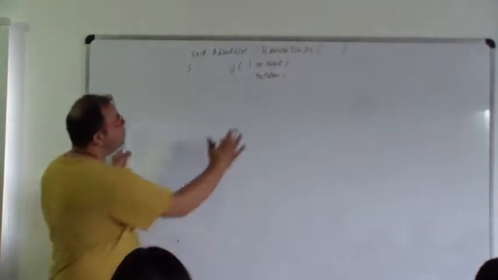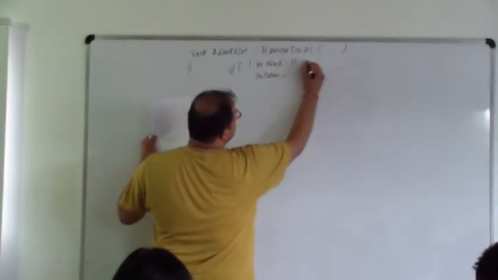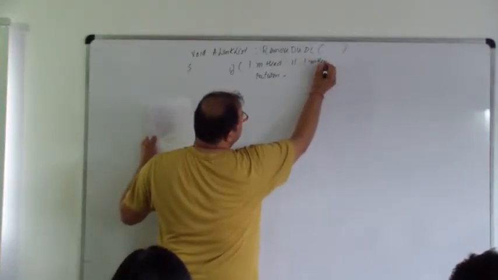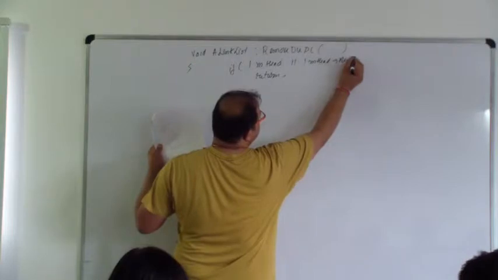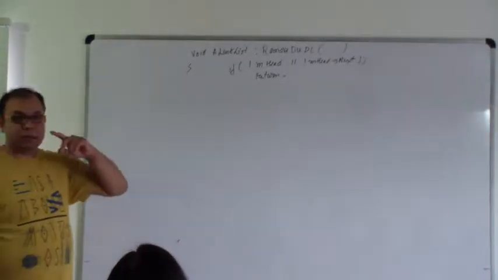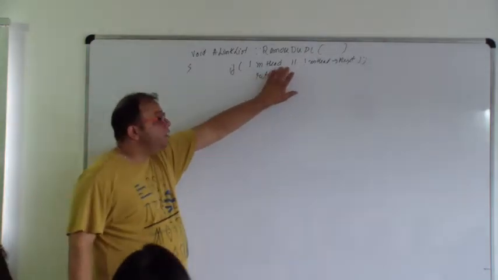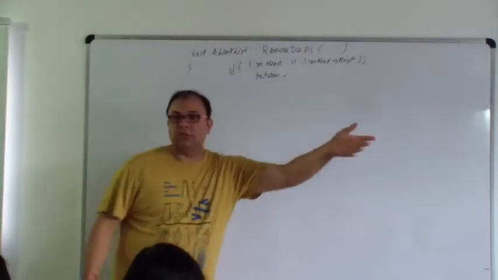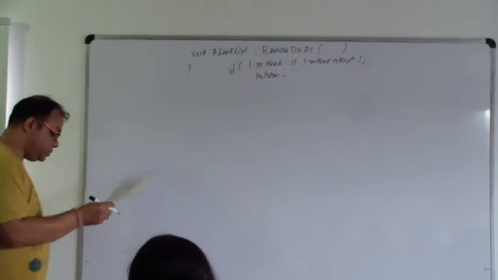If head does not exist or head arrow next does not exist, then there is no duplicate, so we just return.